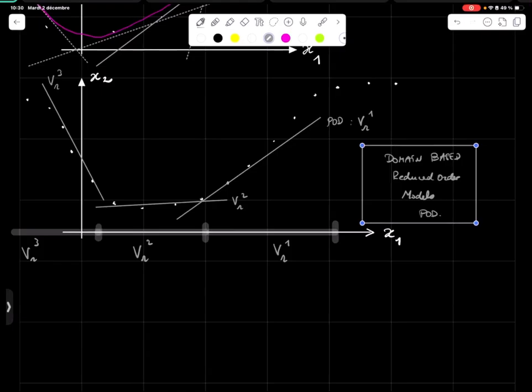And I'm going to show you afterwards an example where you have no choice but to do that, which is a super cool example, which we've been working on with a colleague, Pierre Kerfriden. In fact, if you want to look at the literature, he's one of the best people to look at. You can also look at Patera at MIT, who works on a method called the Lego blocks.